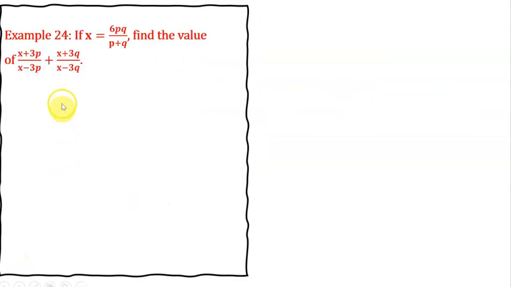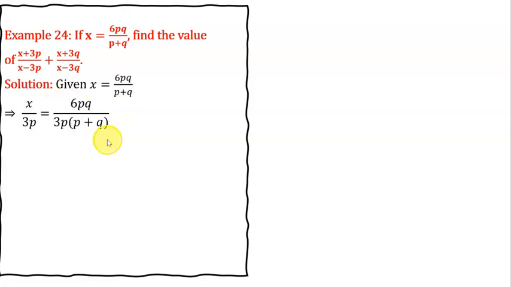Now next example, that is example number 24. If x is equal to 6pq upon p plus q, find the value of (x plus 3p) upon (x minus 3p) plus (x plus 3q) upon (x minus 3q). It's a very easy example. Now divide on both sides by 3p.